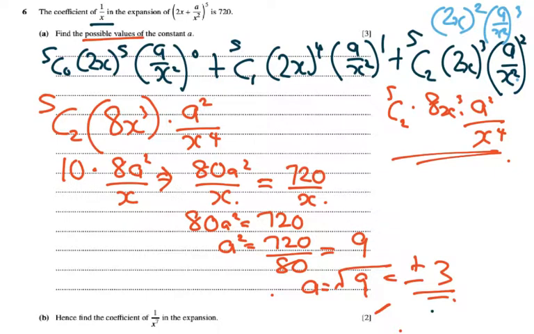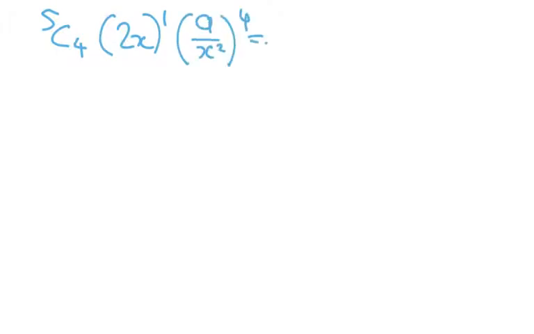So let's look at the next one, 5c4. If I do 5c4, I'm getting 2x to the power of 1, and then multiply this by a over x squared to the power of 4. Sorry, 5c4 is 5, times 2 will give you 10.